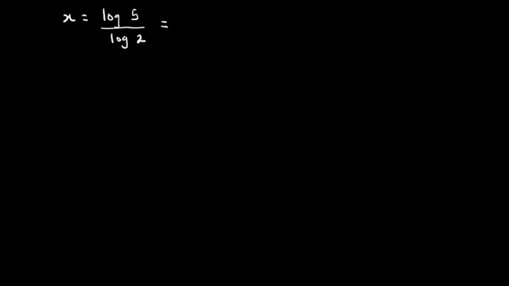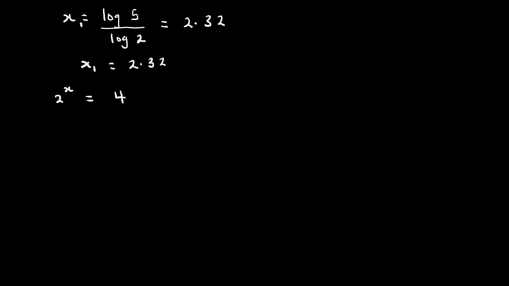This is the same thing as 2.32. This is our first value of x, say x1 is equal to 2.32. Now for x2, it said 2 to the power of x is equal to 4.